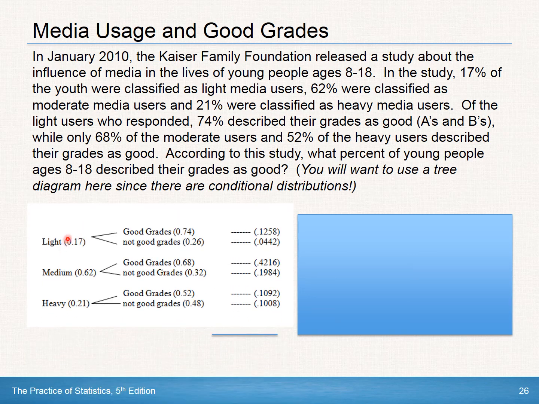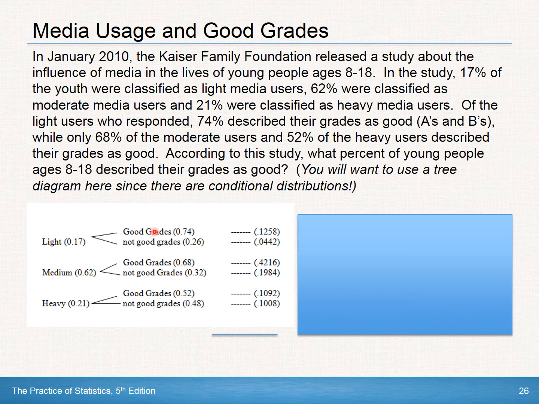Number one, what we started out with was this first portion had no conditions on it. So 17% were light users, 62% were medium, and 21% were heavy. This should all add up to 1. All right, then we knew of the light users, 74% described their grades as good.